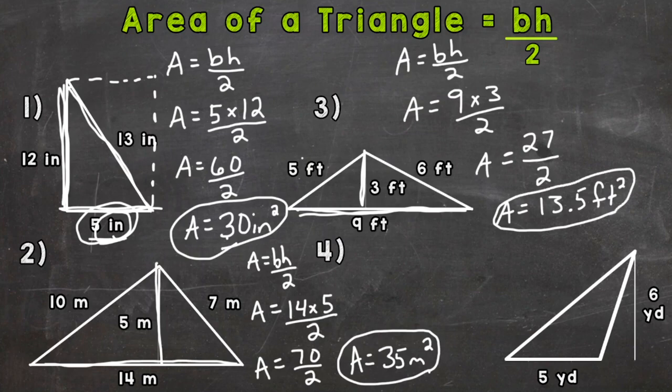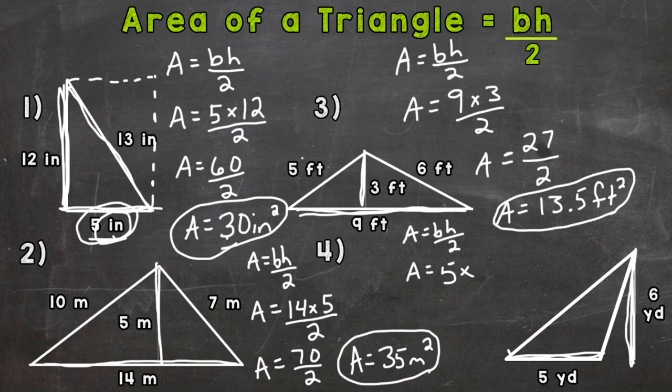And lastly, number 4 here. So we start with the formula. Area equals base times height divided by 2. Now we need to plug in. So our base down here is 5 yards. And we multiply it by our height. Now our height is outside the triangle because we need to see how tall it is. That's fine.